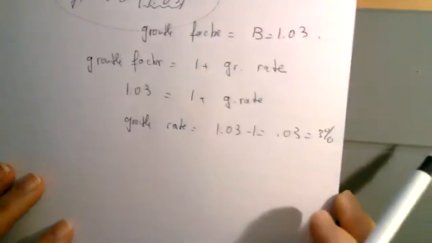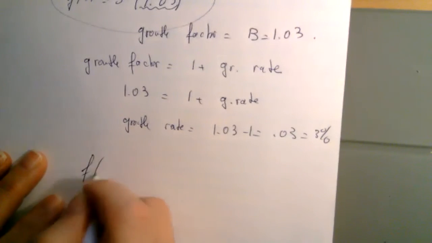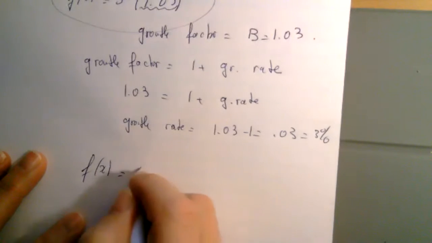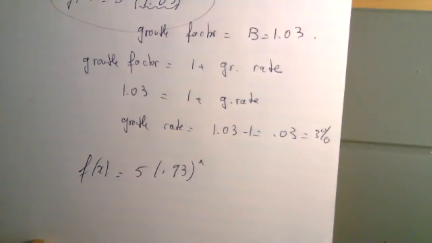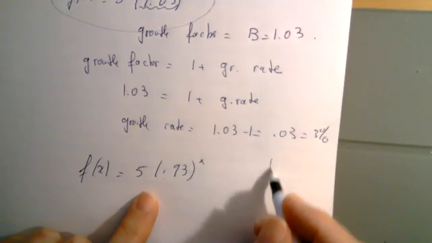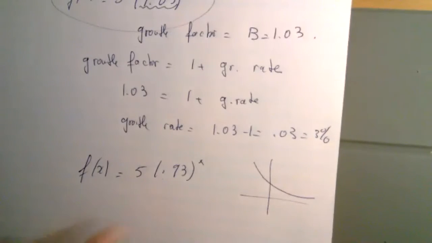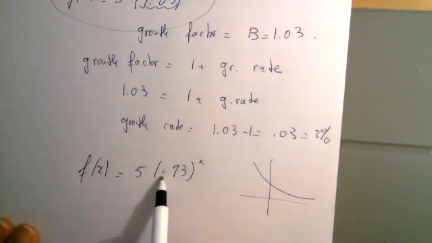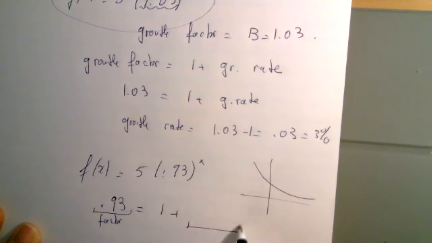Now, if B is less than 1, let us say f of x is 5 times 0.93 to the power x. This is definitely B less than 1. This is an exponential that's decreasing. But what's the growth rate here? That's the growth factor. It's 1 plus the growth rate.